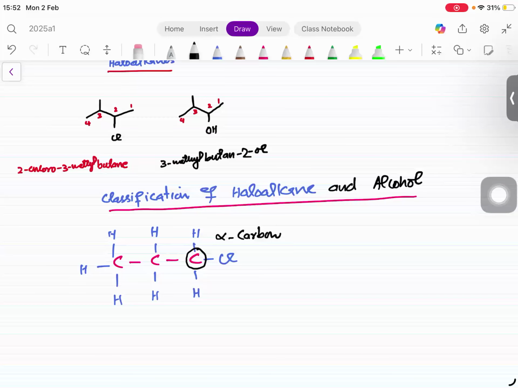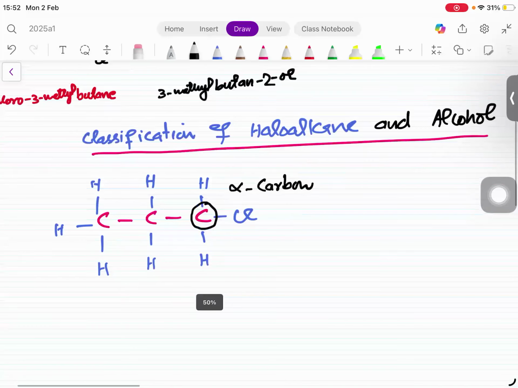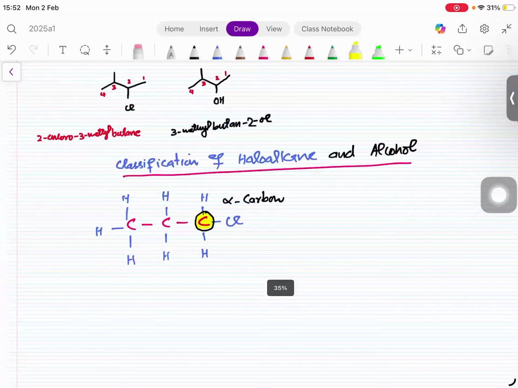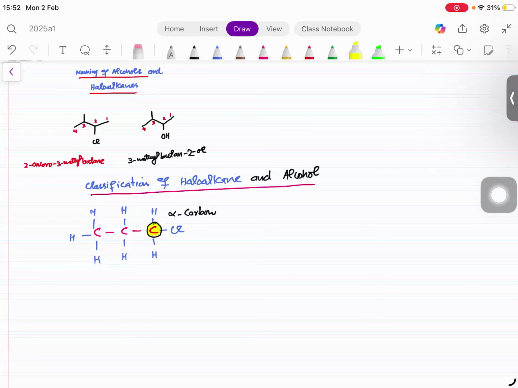The carbon which is having the functional group attached in a haloalkane is known as alpha carbon. So how many hydrogens are attached with the alpha carbon directly? 2, and 1 carbon. This type of haloalkane is known as primary haloalkane.